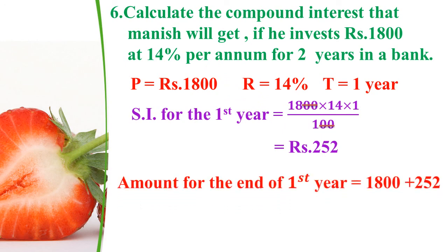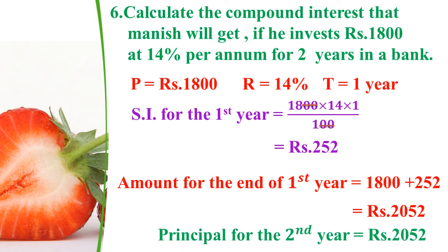So amount for the end of first year is principal plus simple interest. So 1,800 plus 252. So amount for the end of first year is rupees 2,052. So principal for the second year is rupees 2,052.